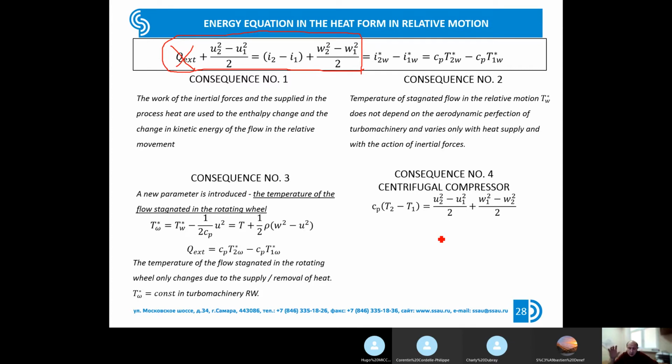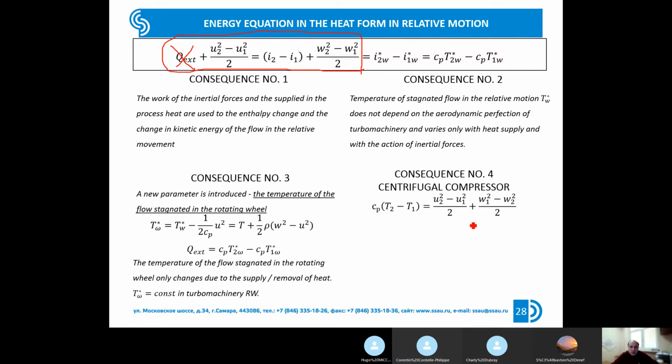Because sometimes it's not clear, but sometimes during the exam I ask: please explain to me how the static temperature changes along the compressor stage. And this equation explains why and how the static temperature changes along the stage.